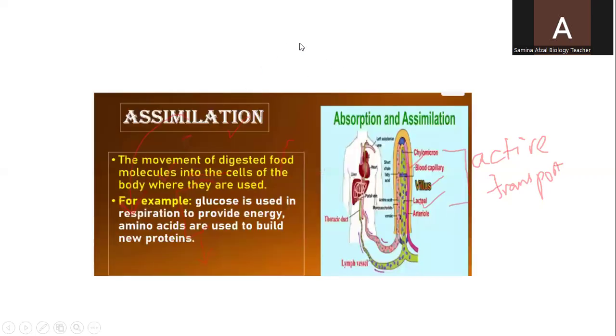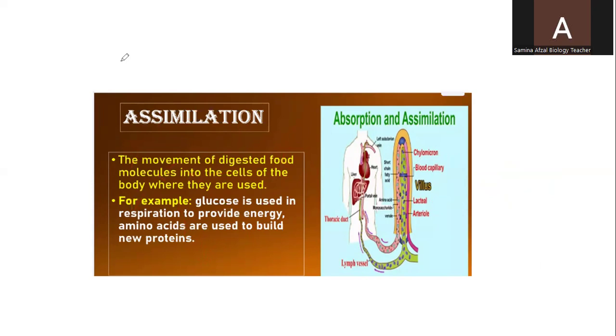After absorption, the next process is called assimilation, in which the digested food molecules move into the cell body. They are used over there. They become part of the body.